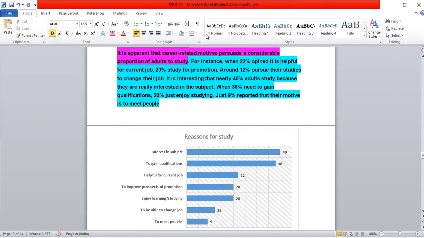So what are the career-related motives? 1, 2, 3. So a considerable proportion of adults study because they want something in their career. So let's see what are the things here.